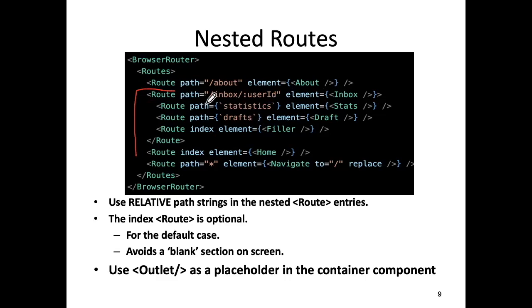And for the path name of these inner route entries, it's very important that the path name is expressed in relative terms, whereas this path name here is absolute. You've got to make sure you express these in relative terms. So the statistics is relative to this part here, which means it's tagged on at the end. And we want the stats component to be mounted.